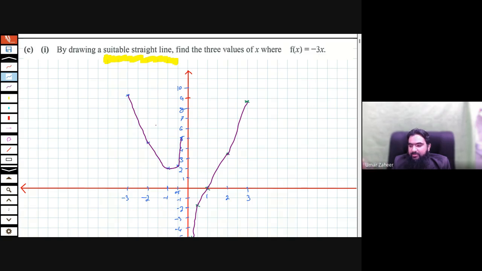And I told you it's basically a simple straight line. y is equal to minus 3x. If you substitute x is equal to 0, y is 0. If you substitute x is equal to 1, y is equal to minus 3. You will get 2 points, (0, 0) and (1, minus 3). So just meet them.